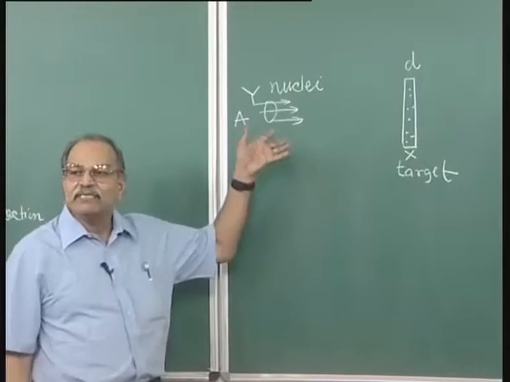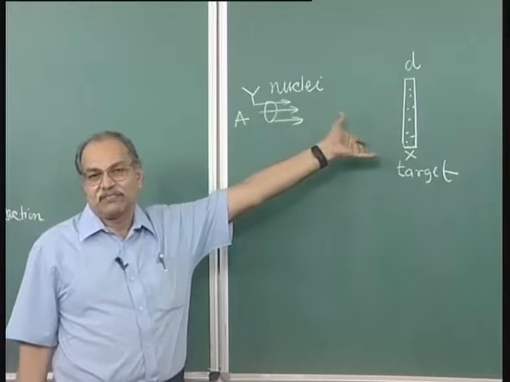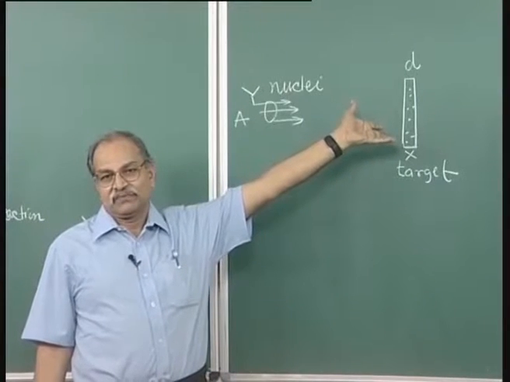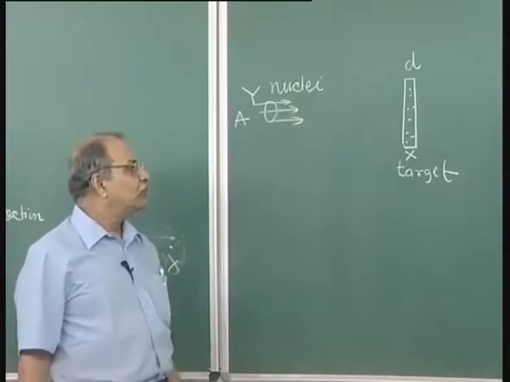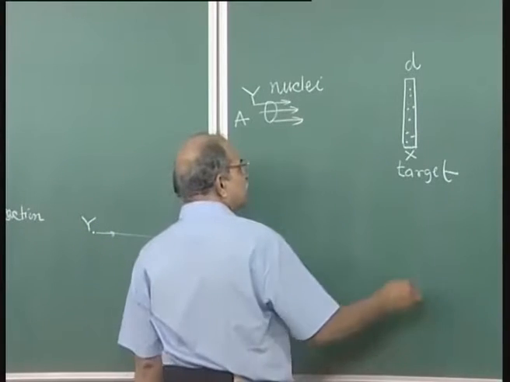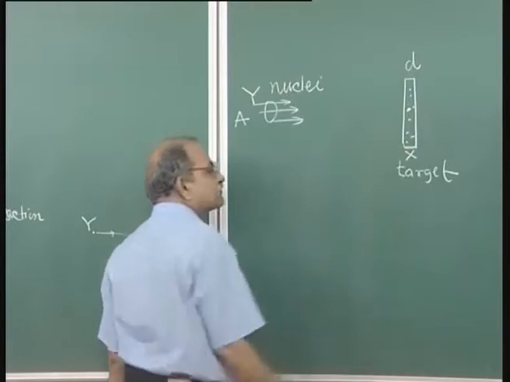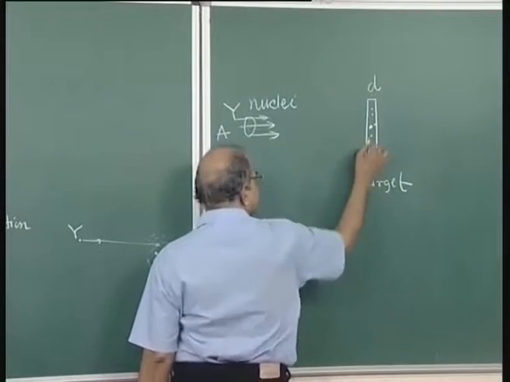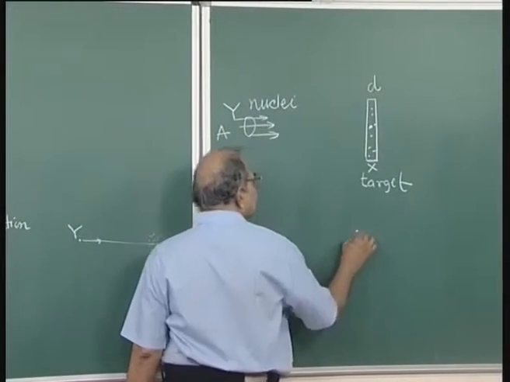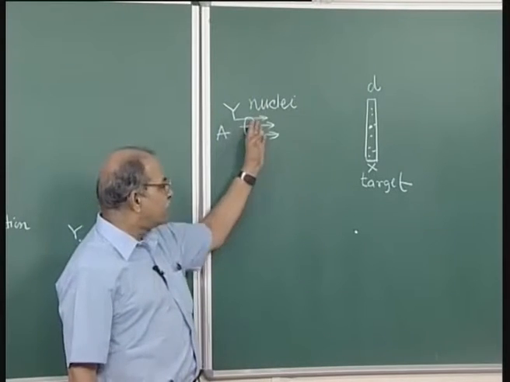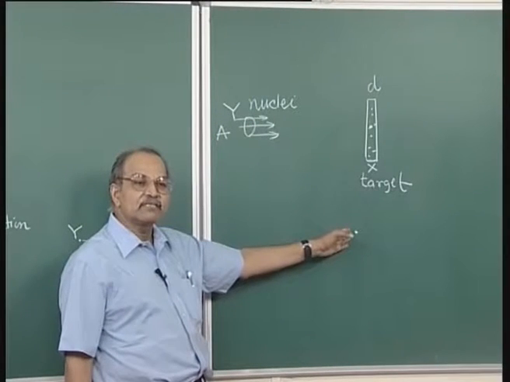So, how many scatterings will take place per unit time? For that, how do we make the calculation? We consider a particular nucleus x here. Which nuclei will scatter from this nucleus?